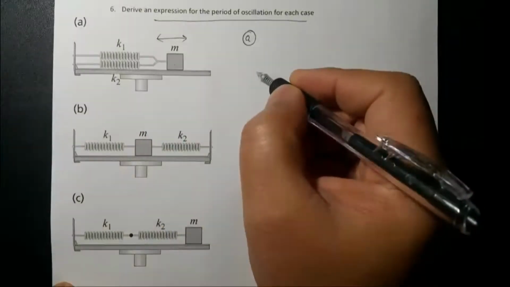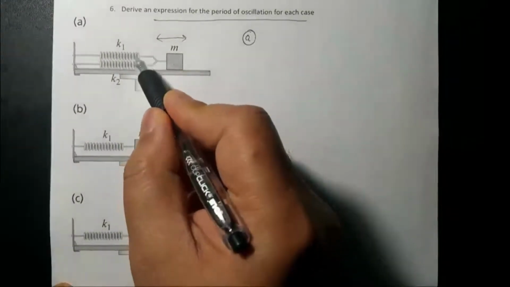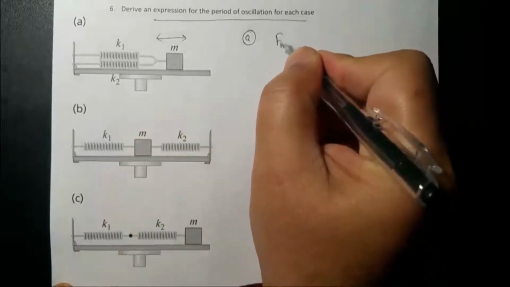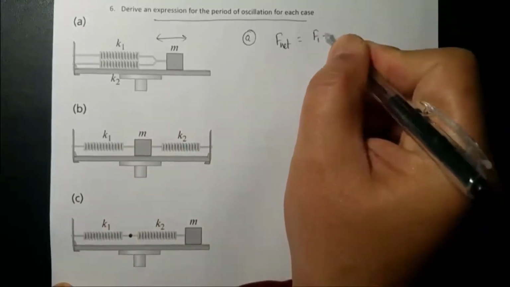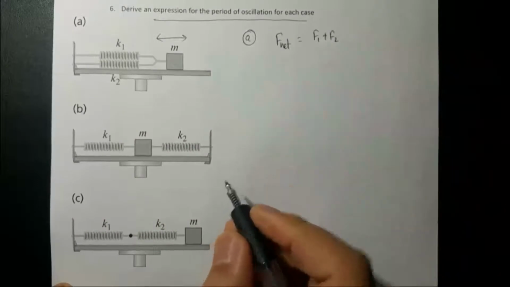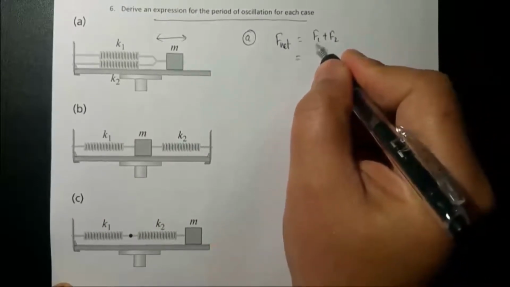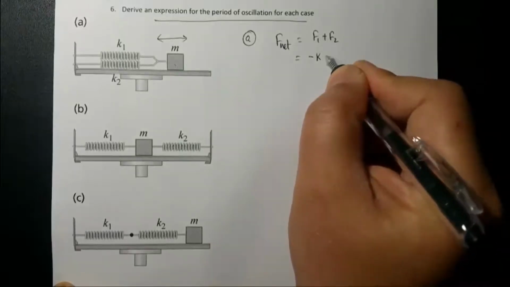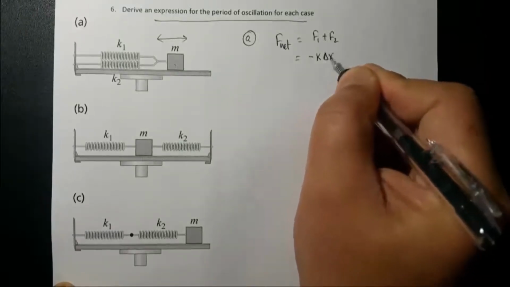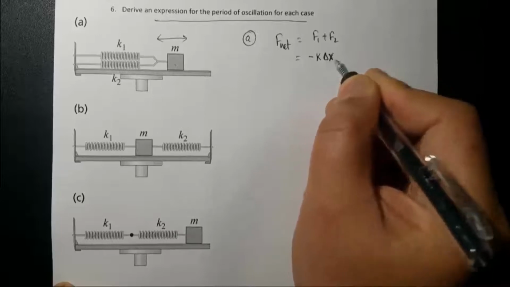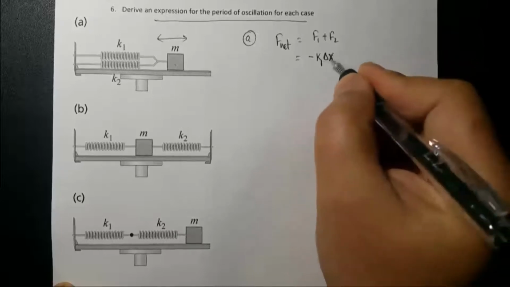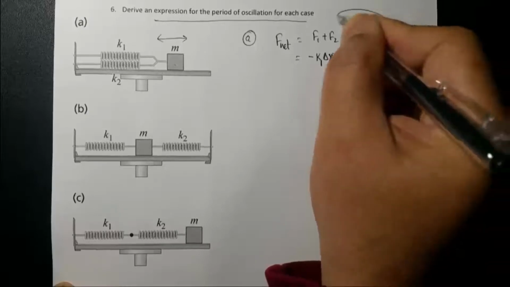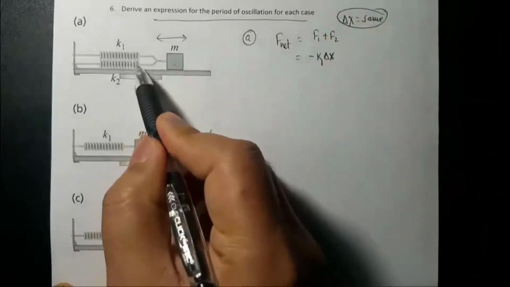Since they are in parallel, both are connected to the same mass. At any position, the net force would be F1 plus F2, and both are spring forces. So negative k1 delta x, where delta x is the elongation or compression. Delta x will be the same for both springs because they are connected in parallel.